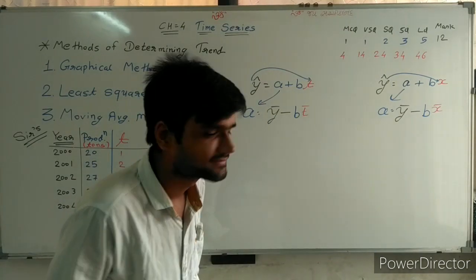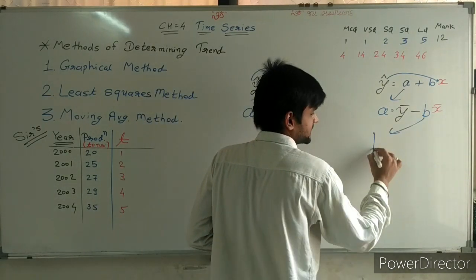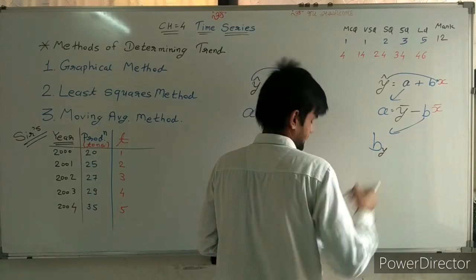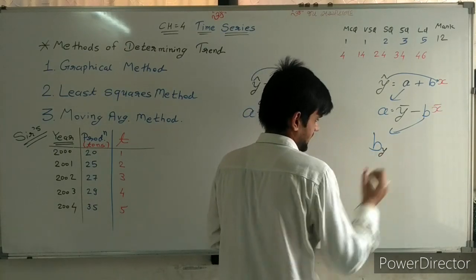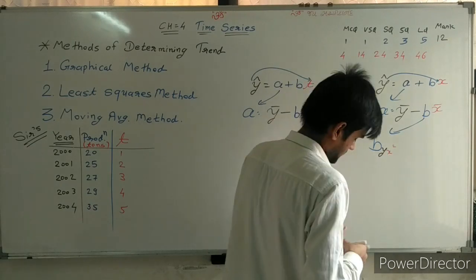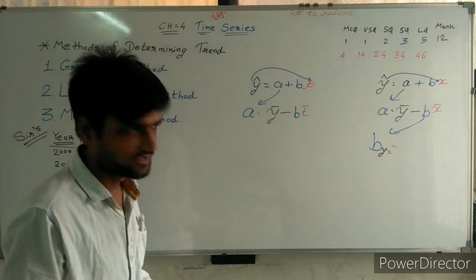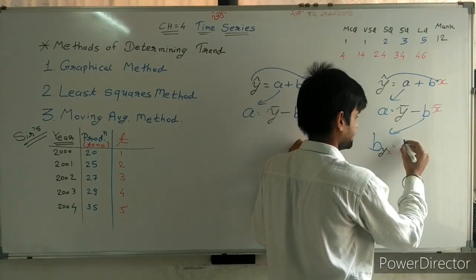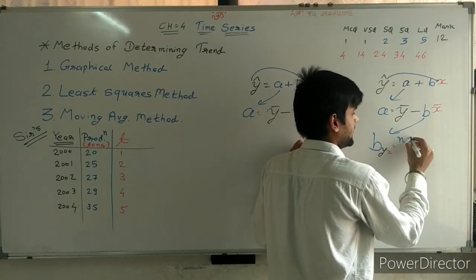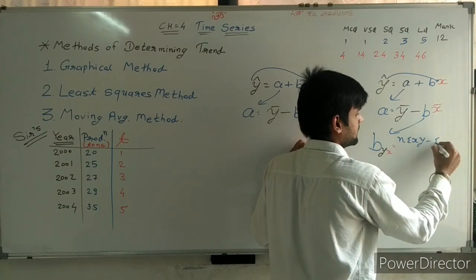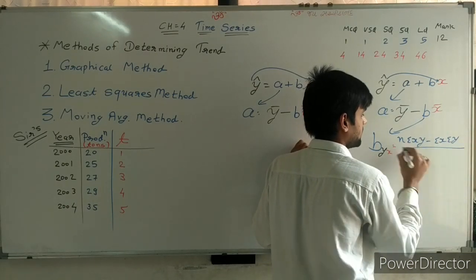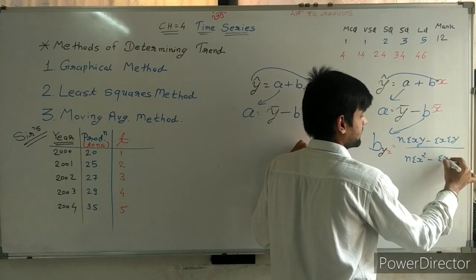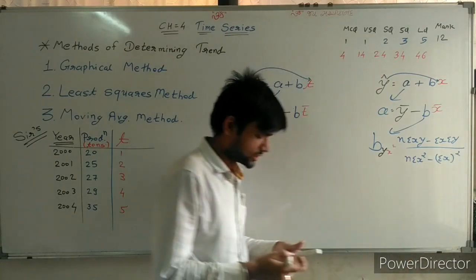So what about b? What is the value of b here? Here b is y depend on x, and write down the value: n sigma xy minus sigma x sigma y, divided by n sigma x square minus sigma x whole square.